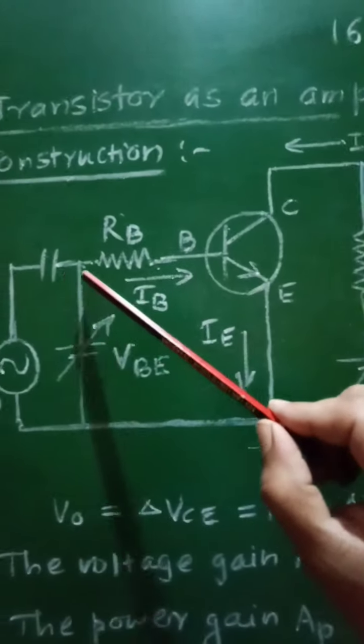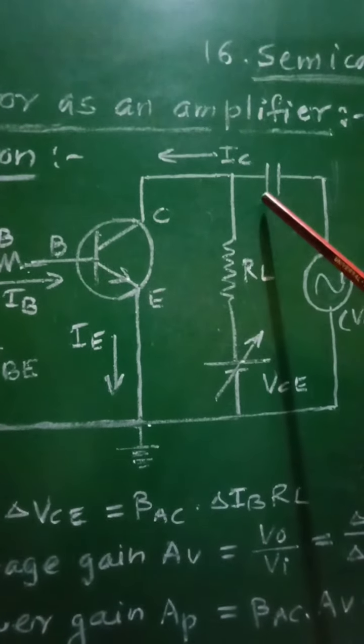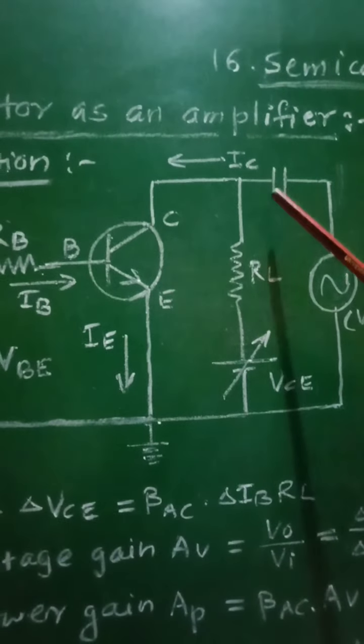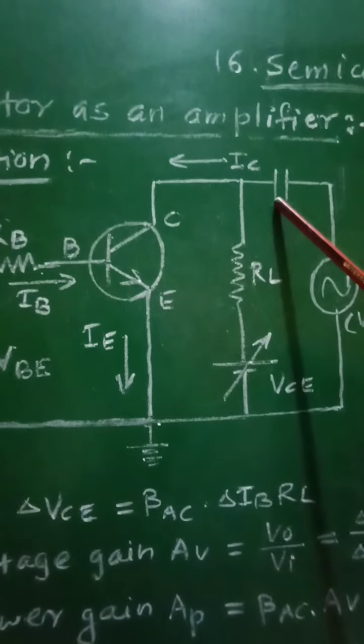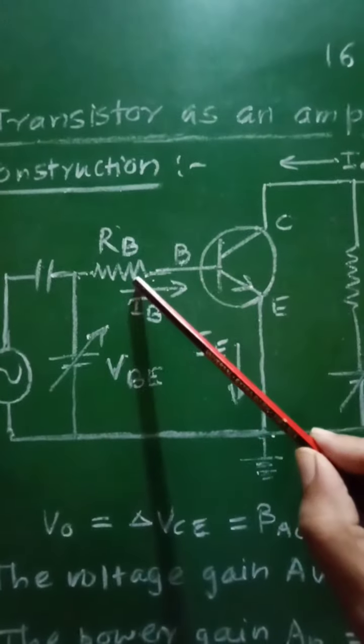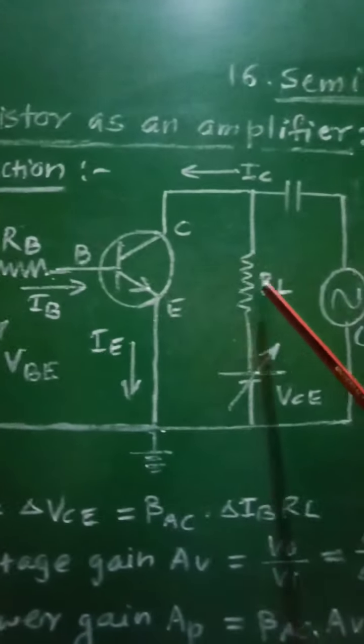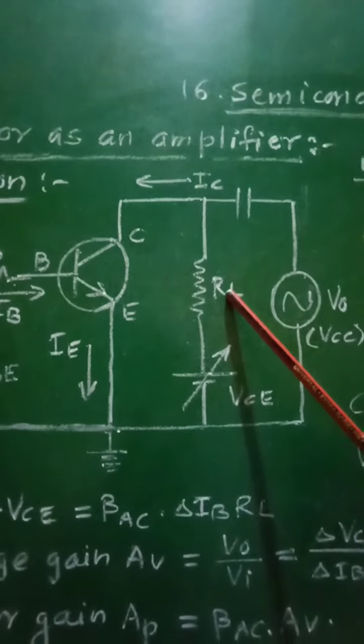Then two capacitors are connected in the input and output loops in order to block the DC components. RB represents the base resistance, RL is the load resistance.